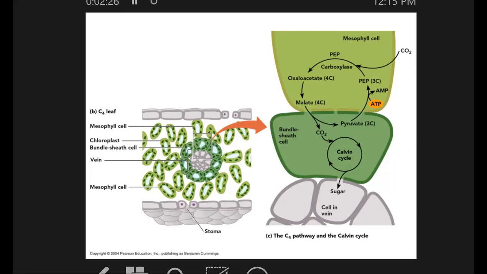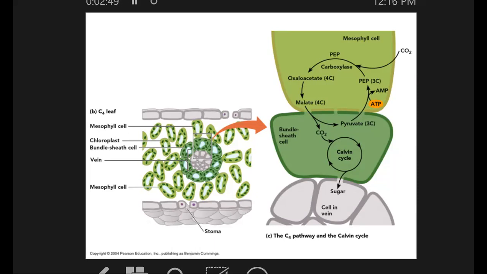You can see that once CO2 is delivered by malate, essentially CO2 is part of the malate molecule, and then it gets cleaved off and given to rubisco, and then rubisco reacts that with RuBP, and then the Calvin cycle comes along. So then we've got to keep the C4 cycle going. That's where you see the pyruvate is the other product.